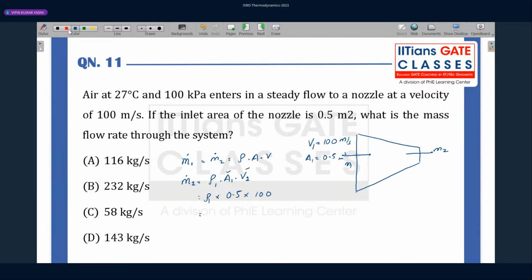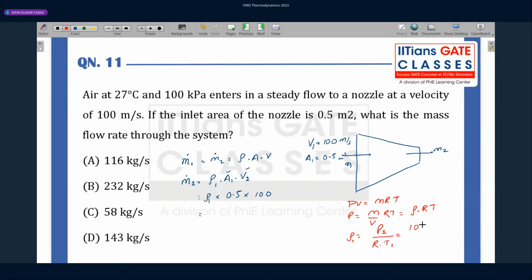How do I calculate it? It is air, that means I can apply the ideal gas equation. PV is equal to mRT. So P is equal to m by V into RT, or density into RT. So density 1 is equal to P1 upon R T1.